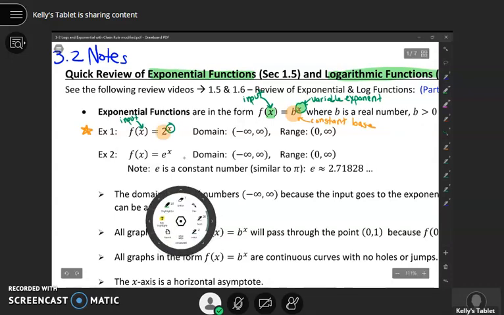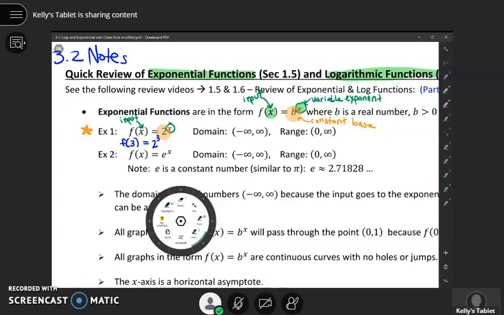So if I'm finding, for example, f of 0, I'm going to have the base 2 to the 0 power. If I'm finding f of 1, I'm going to have the base 2 to the first power. If I'm finding f of 3, I'm going to have the base 2 to the third power. The base is constant. It's the exponent that's changing. I have a variable exponent.